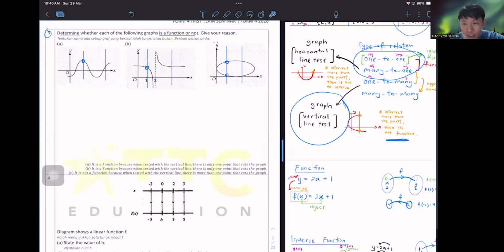It is a function. This is not a function, because it cuts through more than 1 point. So the answer is follow the bottom here. Just have to remember because this is the theory, the concept. Okay, number three, done. Number five, next.